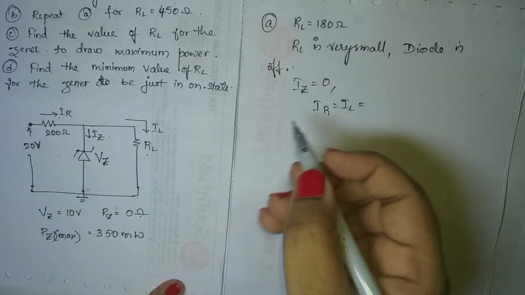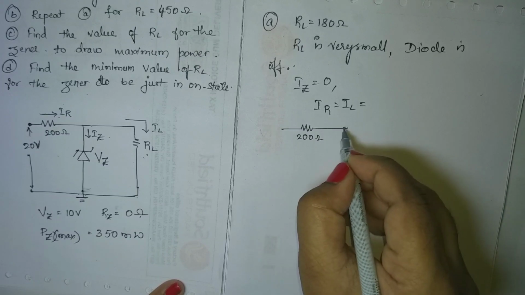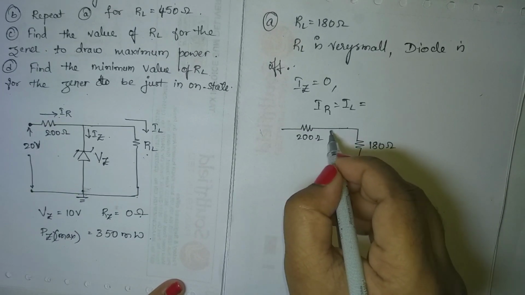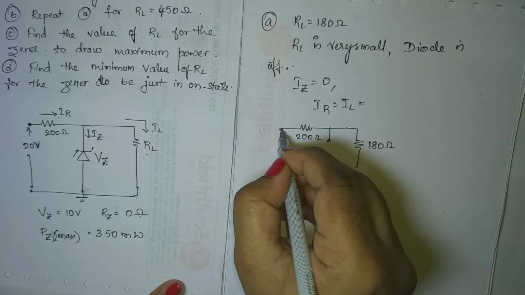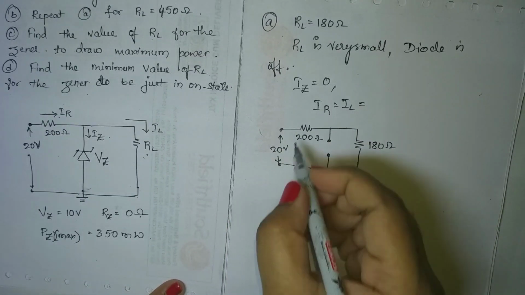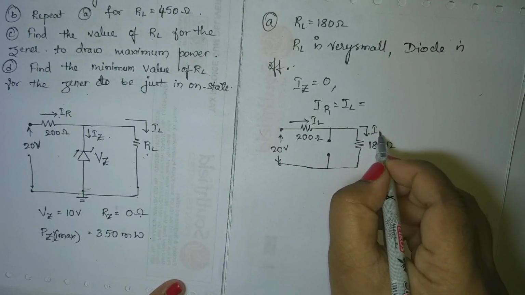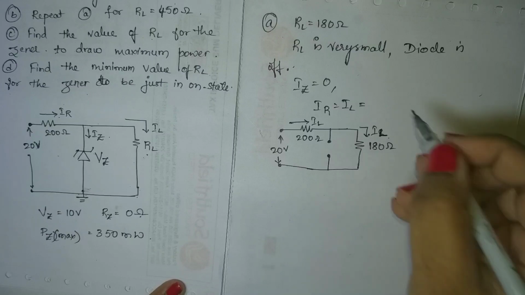I'll rewrite the circuit now. This is 200 ohm and you have RL equal to 180 ohm, and this is an open circuit. You don't have any connection here, and the applied voltage is 20 volts. In this circuit this is IL and this is IR. So IR is equal to IL; therefore, I'll take both as IL.